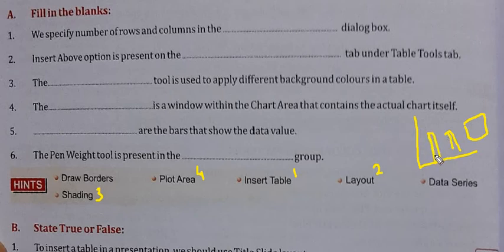And whatever we draw, this bar or line, these are called what? These are data series. So data series are the bars, or it can be a line also. Understood? So the answer of the fifth is data series. Remember what is legend and what is data series.